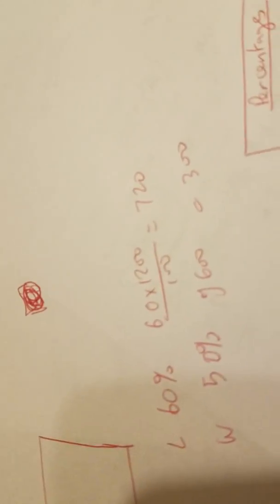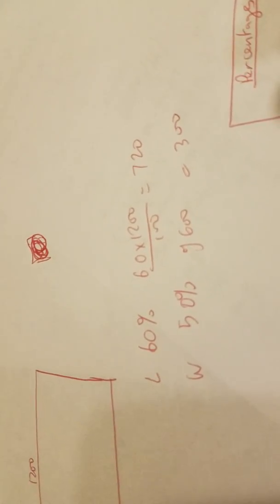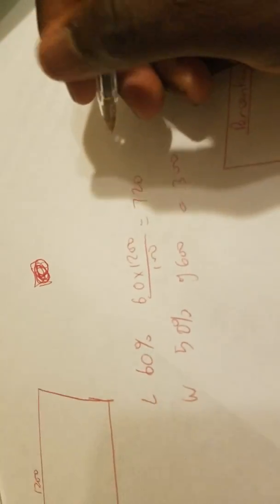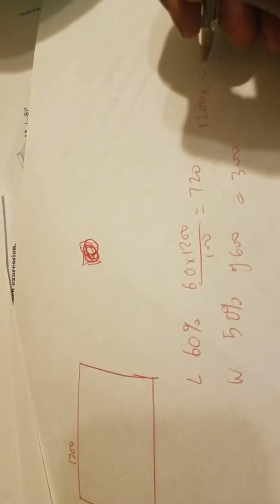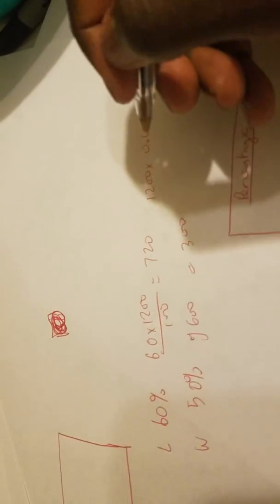The same thing goes with money, how you count percentage with money. That's one way of doing it. There's another way you can do it also, which is 1200 times 0.6. That should give you the same answer. Same thing with 600 times 0.5.